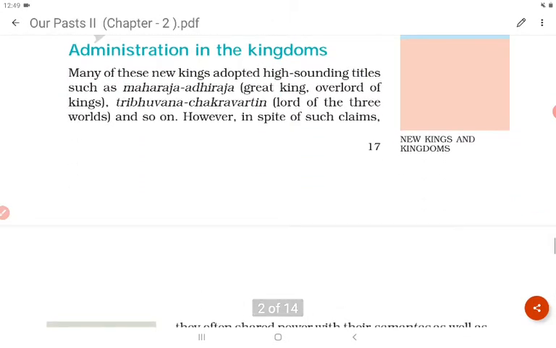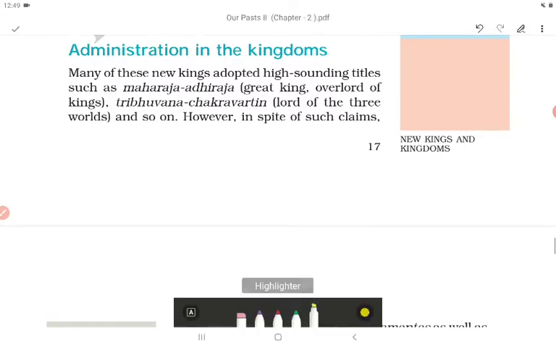Administration in the kingdom. Many of these new kings adopted high sounding titles such as Maharaja Adhiraja, great king, overlord of kings, Tribhuvana Chakravartin, lord of the three worlds, and so on.